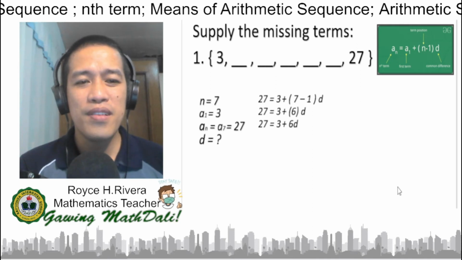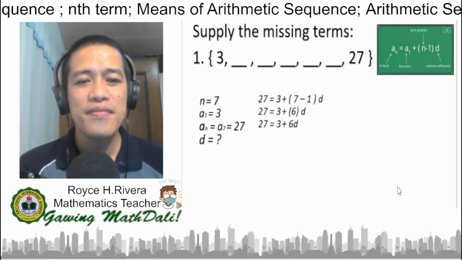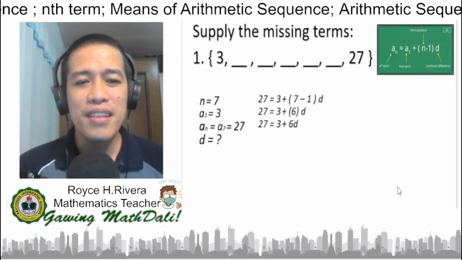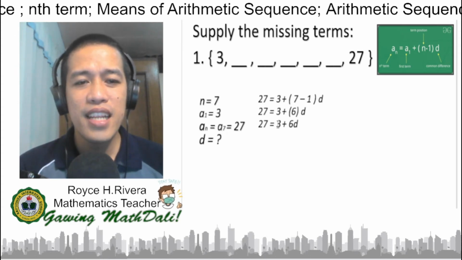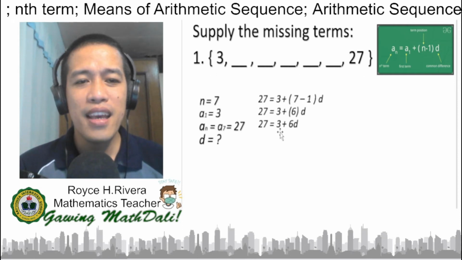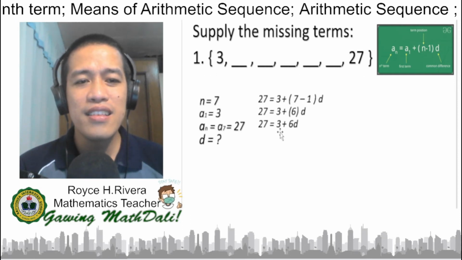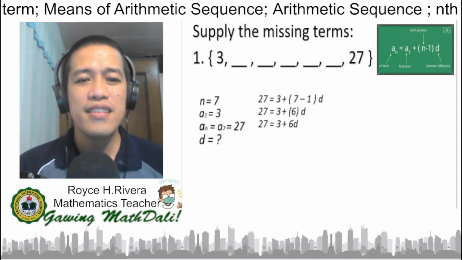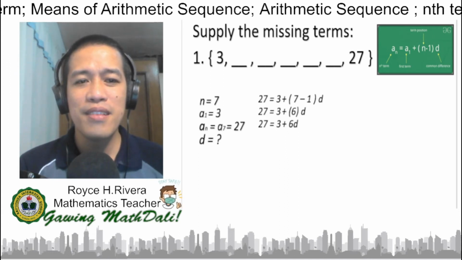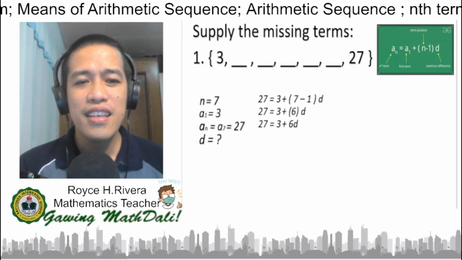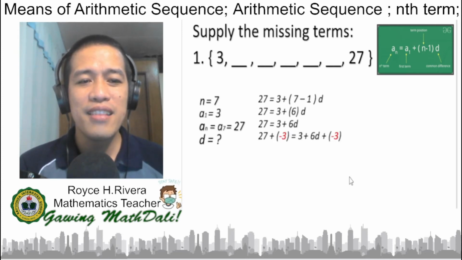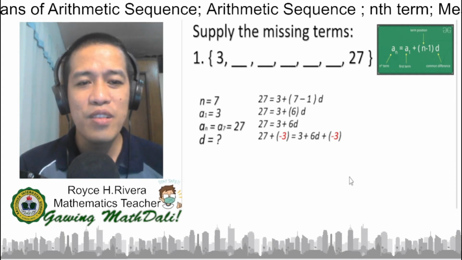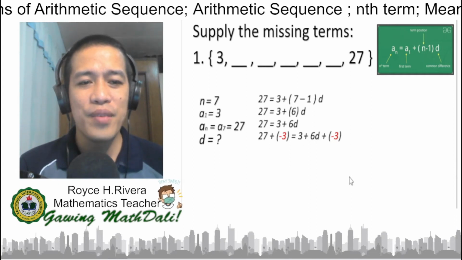So we solve for the variable D. First, we need to eliminate 3 by adding its additive inverse. The additive inverse of 3 is negative 3. So we add negative 3 to both sides of the equation.